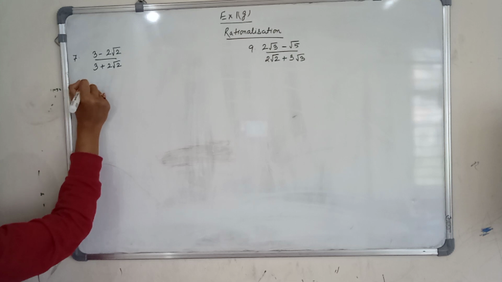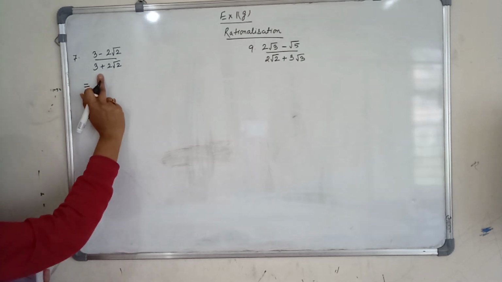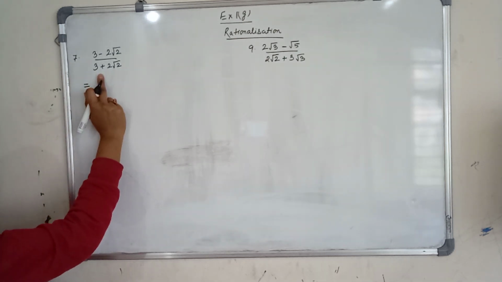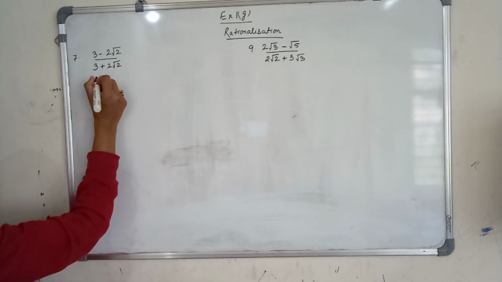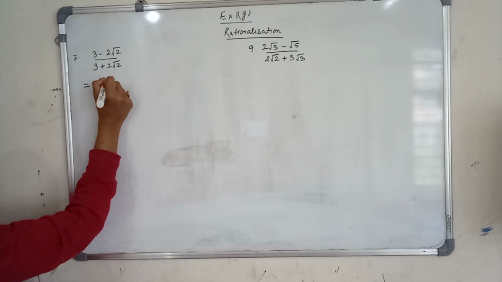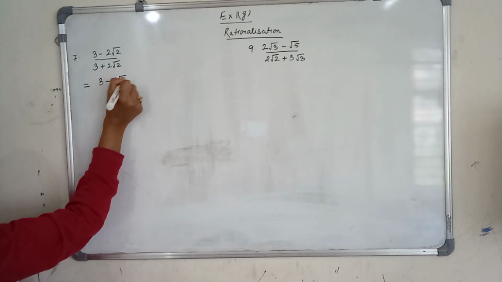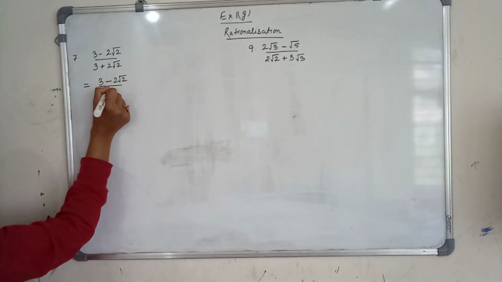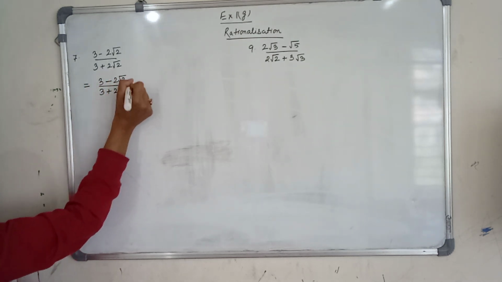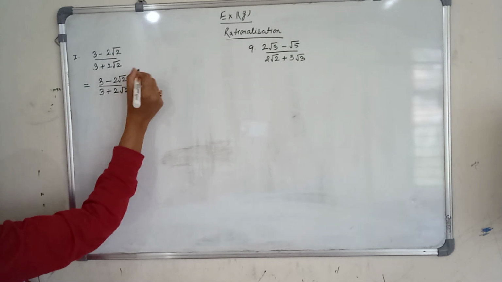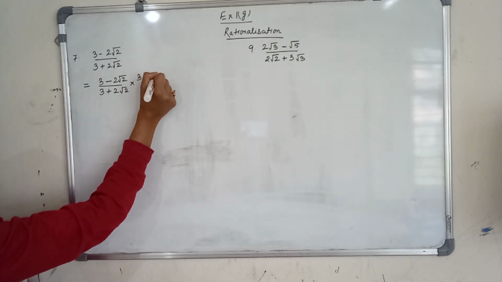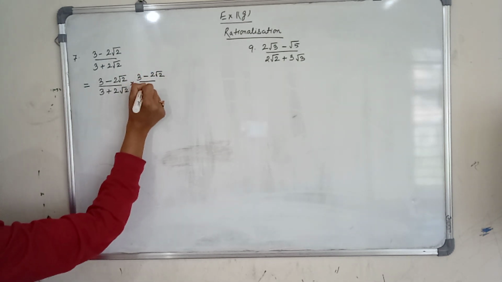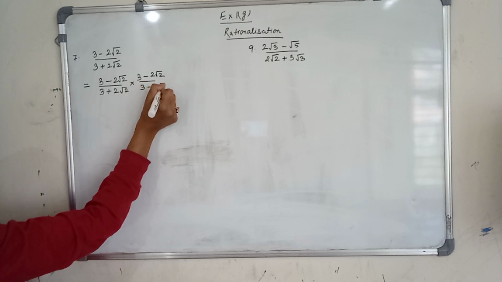In this question, if you see, the denominator is an irrational number. So make it a rational number by rationalization. (3 minus 2 root 2) by (3 plus 2 root 2) into (3 minus 2 root 2) by (3 minus 2 root 2).